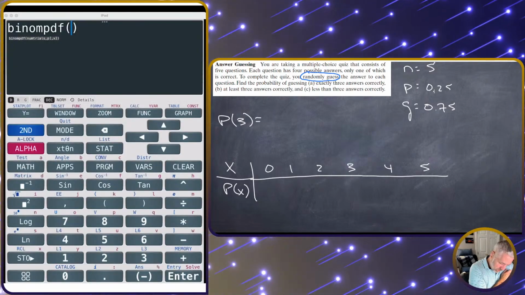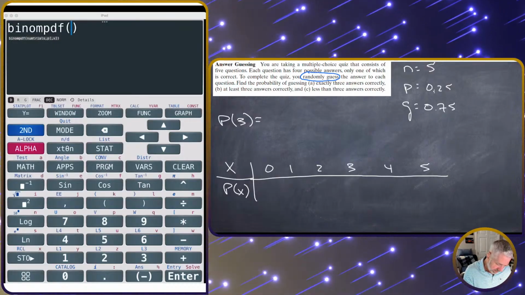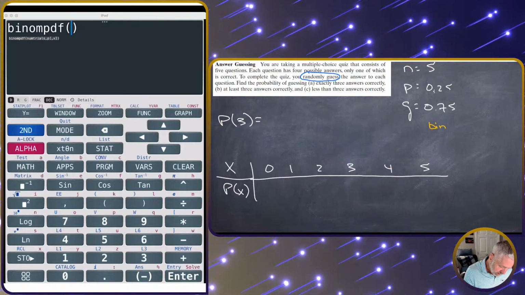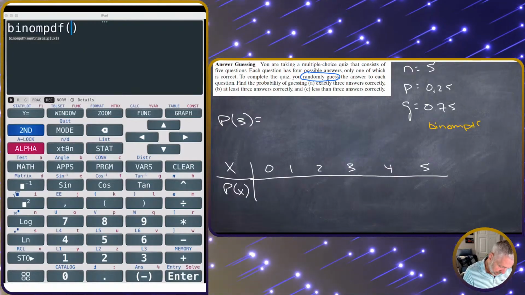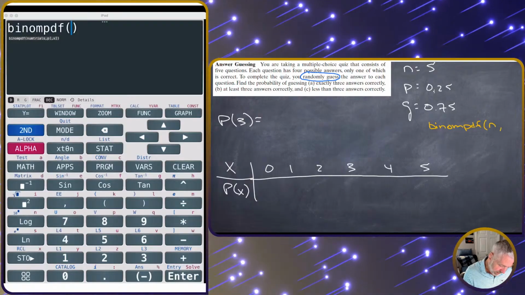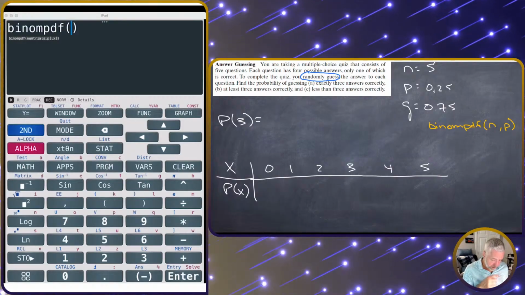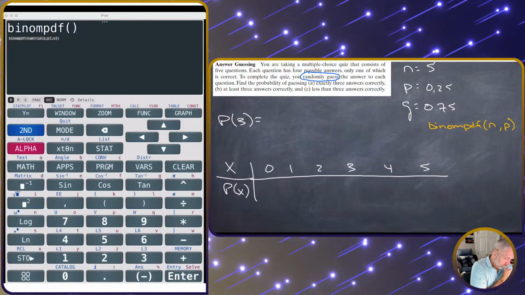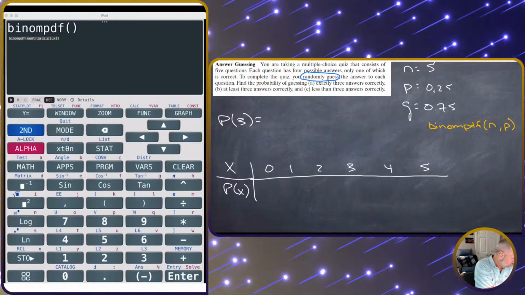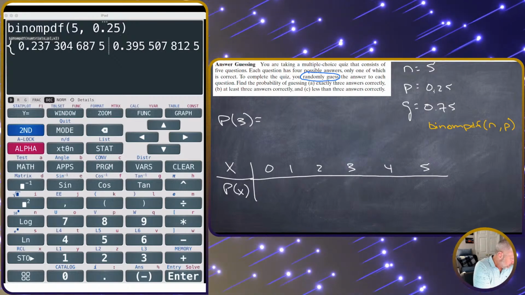And the syntax for this is binom PDF. And I'm just going to put NP because that's going to give me all of my selections for this table. So I'm going to go 5, 0.25, enter.